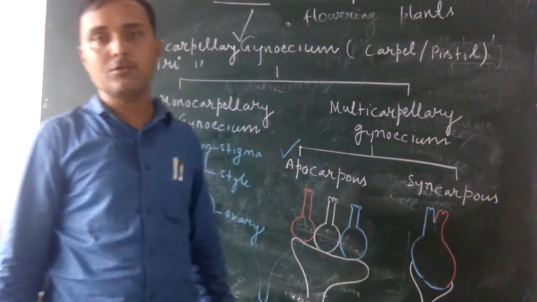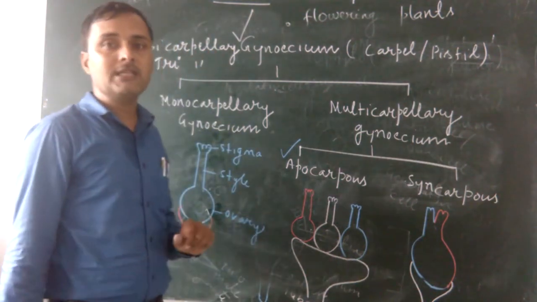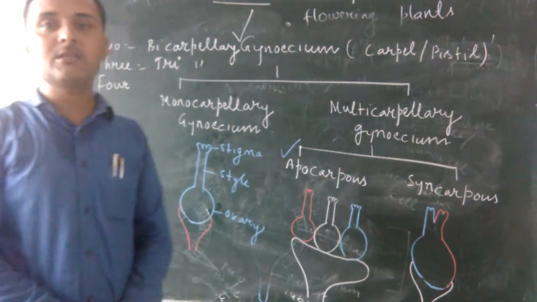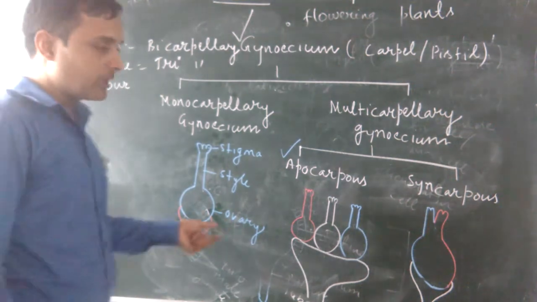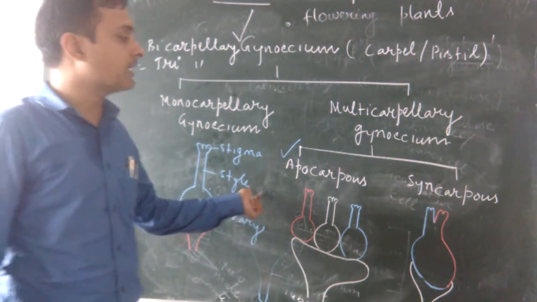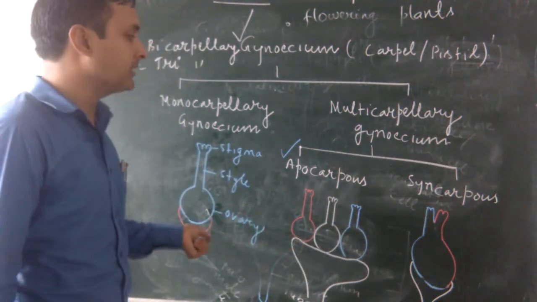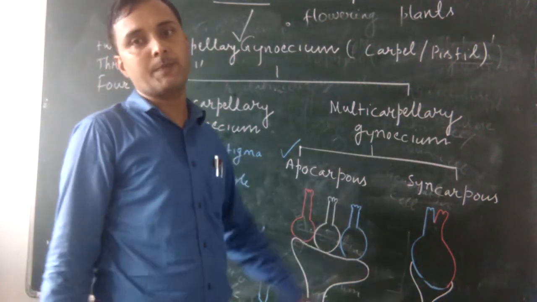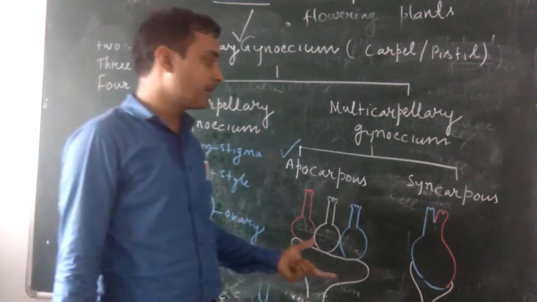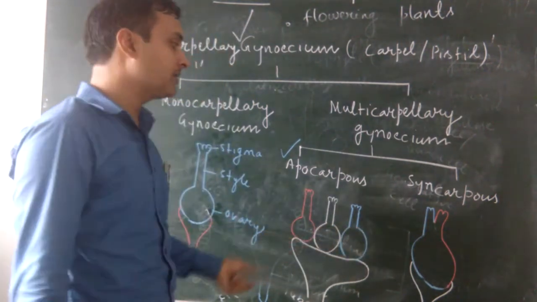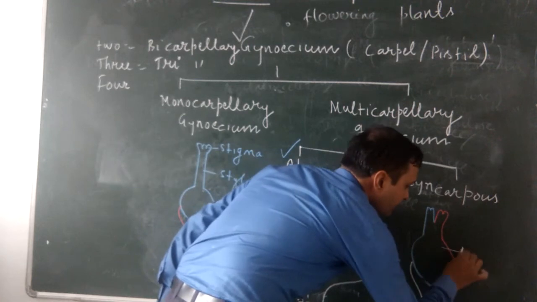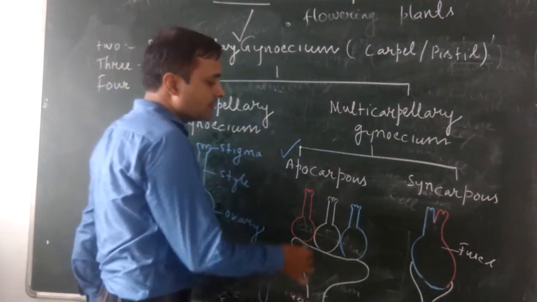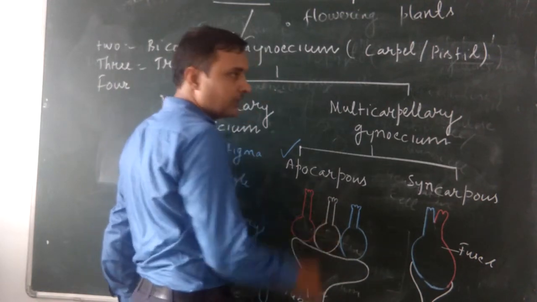It is given in the NCERT book. So what is syncarpous? When the gynoecium consists of 2 or more carpels and the carpels are fused, such a gynoecium is known as syncarpous gynoecium. This is an example of bicarpellary because the number of carpels is only 2, so it is bicarpellary syncarpous gynoecium. See here, both carpels are fused, so it is known as syncarpous. In this case, all the carpels are free, so it is known as apocarpous.